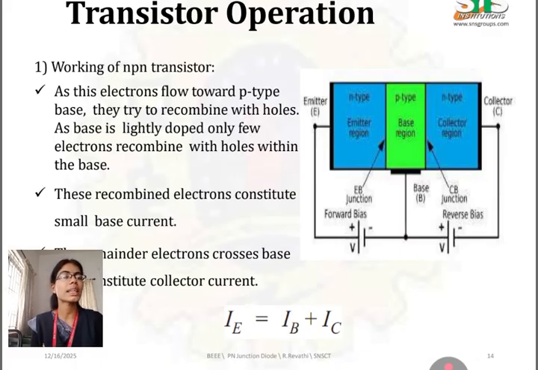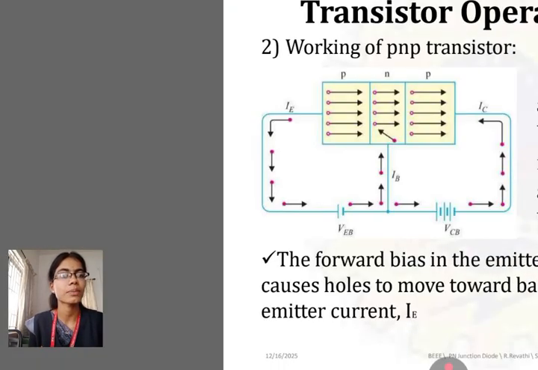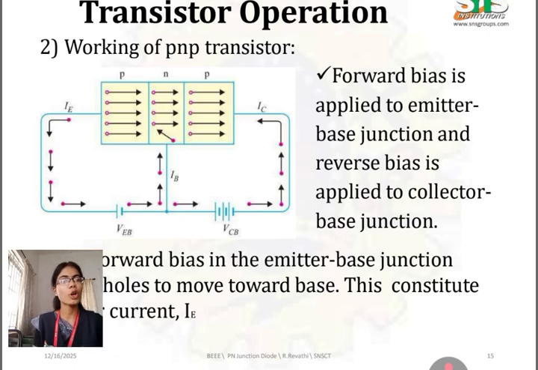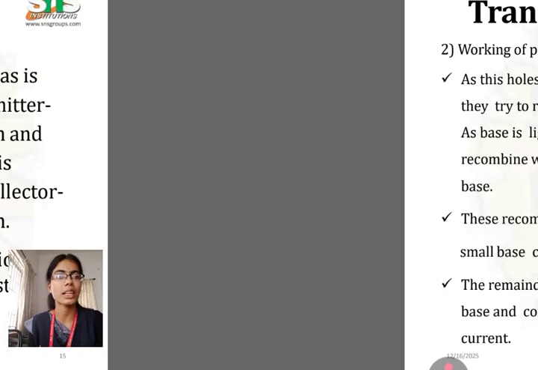The working is that recombination of electrons constitutes a small base current, whereas electrons that cross the base constitute the collector current. When electrons flow towards the P-type base, they try to recombine with holes. As the base is lightly doped, only a few electrons recombine with holes within the base. The forward bias is applied to the emitter base junction and reverse bias is applied to the collector base junction.